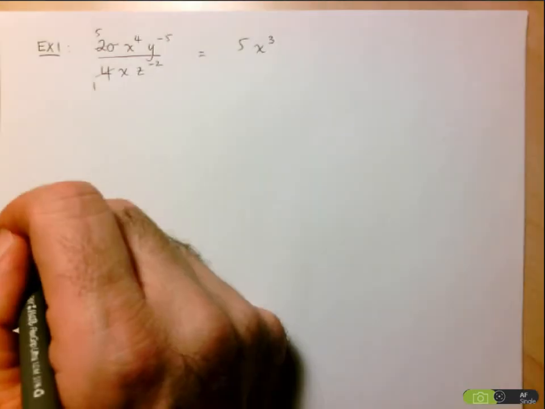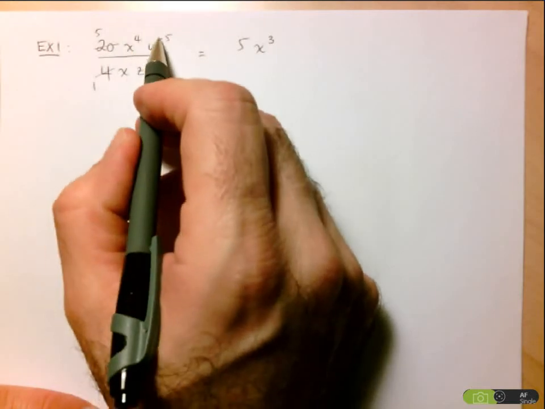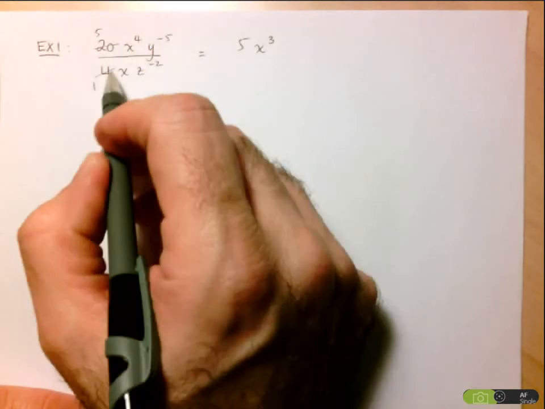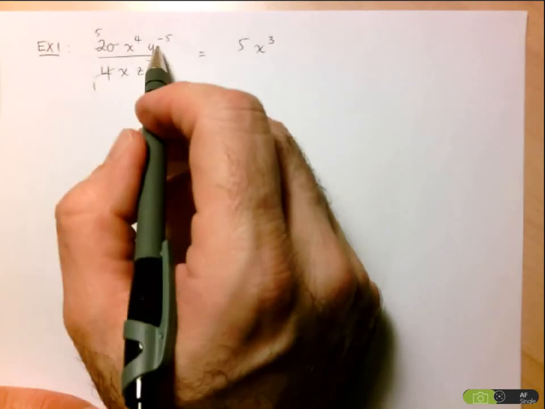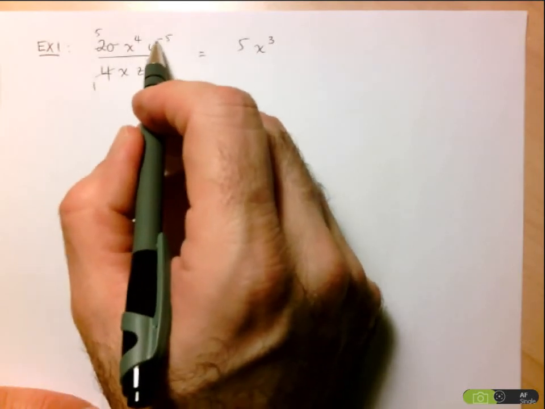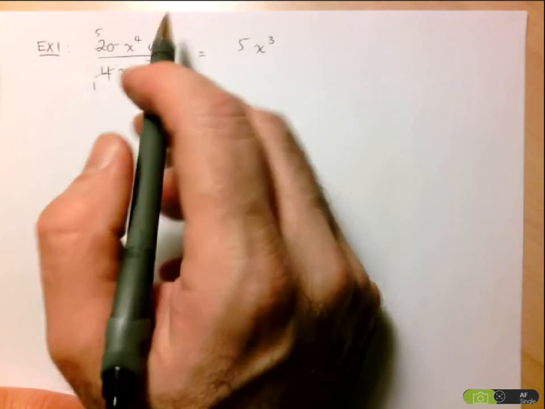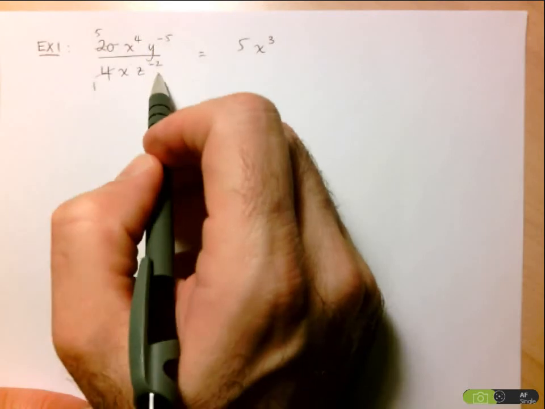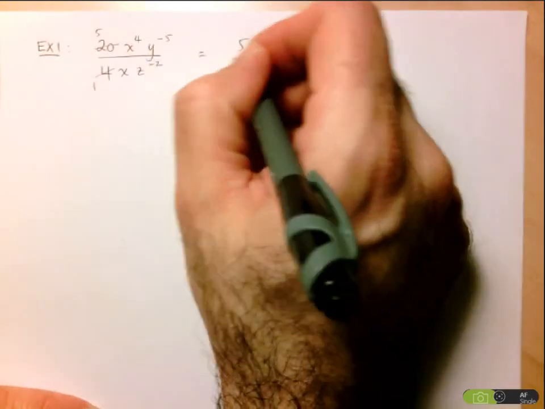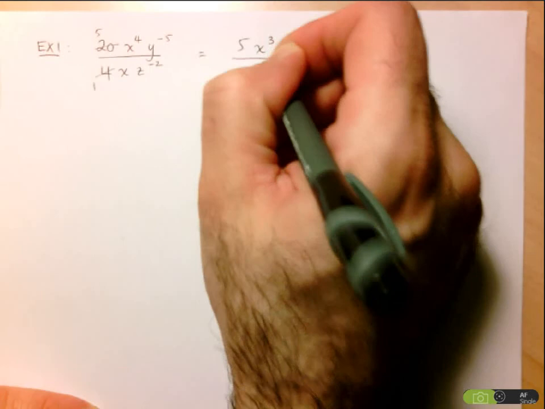But now let's take a look at y to the negative 5. There are no other expressions in y, so I can't simplify the exponent. However, I don't like having that negative exponent. So y to the negative 5 can be brought into the denominator to give us y to the positive 5 in the denominator.